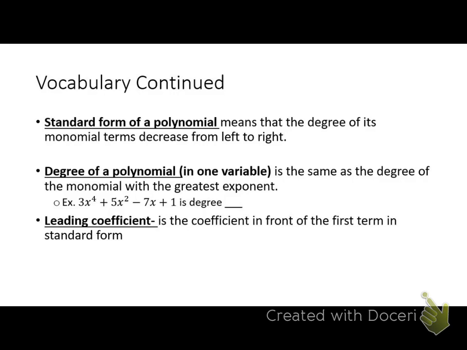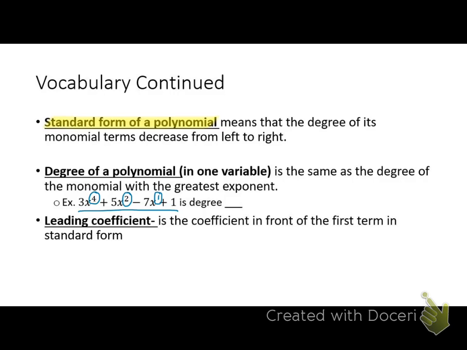So, the standard form of a polynomial, and we'll do some examples of this in a moment, is going to mean the degree of its monomial terms, so each term, is going to decrease from left to right. So if you look at this example down below, okay, I have a 4th degree, a 2nd degree, a 1st degree, and the last one is a constant.